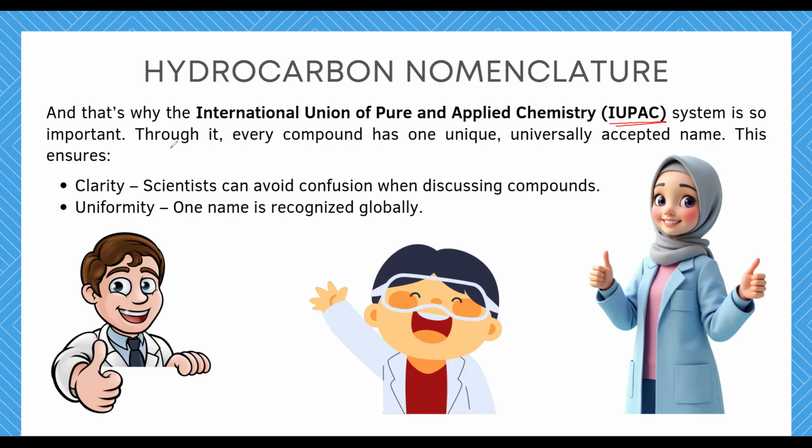That system is the one through which every compound you see in the world today has one unique and universally accepted name. So this ensures, number one, clarity, so that scientists can avoid confusion. Whatever I'm naming a compound, I won't need to be confused when I go to another state or another country. I know that the same name is what that compound is going to bear.